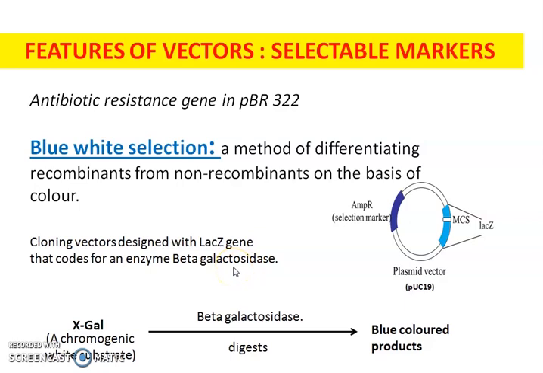What is the role of the enzyme beta-galactosidase? It digests a chromogenic white substrate called X-gal into a colored substance. The substrate as such is white, but the word chromogenic refers to the fact that when the enzyme beta-galactosidase acts on it, the product it yields is blue in color.